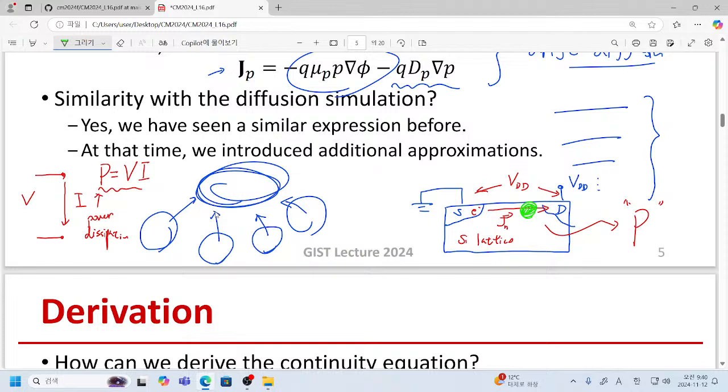For example, let's say that we are working at 300 Kelvin, and now we have quite a good metal plate here. Since this is really good metal, this plate is regarded as just 300 Kelvin. So what we can expect is that every point in this system actually has the temperature of 300 Kelvin.